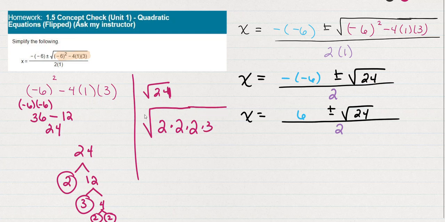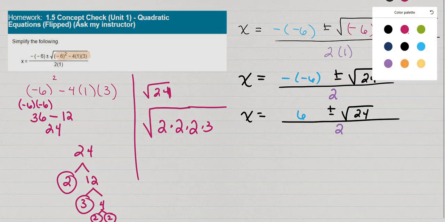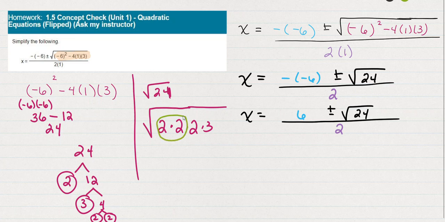There's an implied index of 2 in the square root. We don't usually write that in there. It's just implied that if there's not an index, then we know that it's 2. We know that it's a square root. And so because it's a 2, because it's a square root, let me write that in here. So I'm talking about this green 2, not this pink 2, right? But because this index is 2, it means that whenever we get 2 of a kind, it could be removed from that radical.